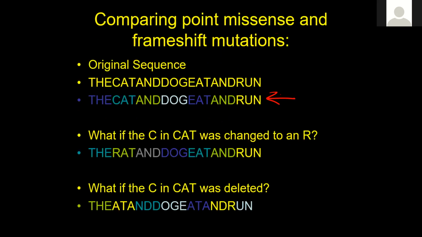The cat and dog eat and run. Yeah, makes sense, right? So I've got these in triplet pairs. The cat and dog eat and run. Totally makes sense. There's my sentence. Excellent. Let's see about this one.